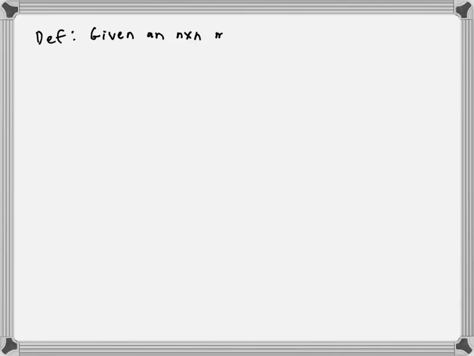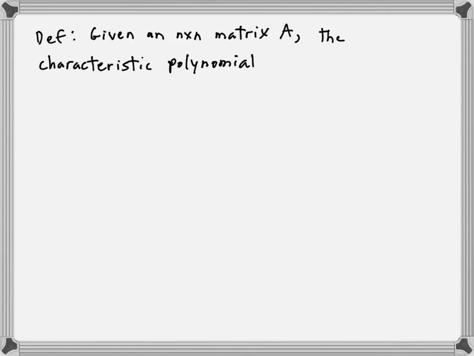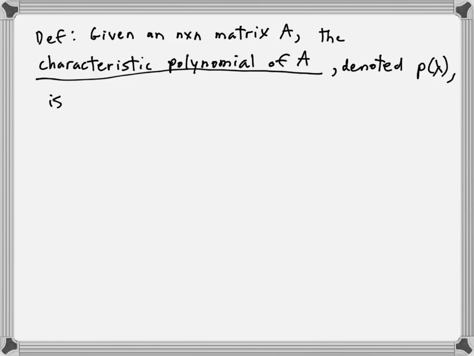Given an n by n matrix A, the characteristic polynomial of A, which we denote P of lambda, is as follows. The determinant of A minus lambda I.